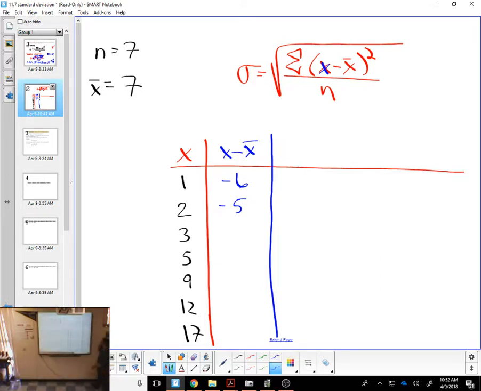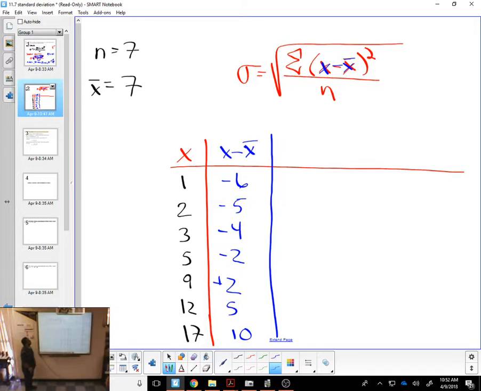You're awesome. So that's -5, yes? Yeah. This is -4. -2, 2, 5, and then 10? Yes. Okay. Now, we know if we add these at this point, it doesn't work. So here's my column with x minus x bar.